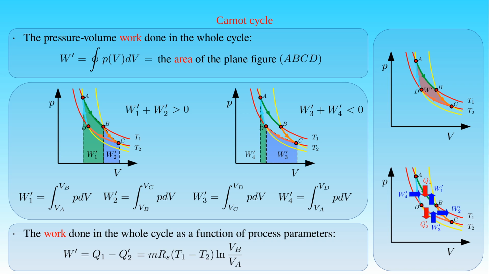Therefore the arrows W'2 and W'4 have the same length, but the first one points outside the closed curve and the second one points inside the closed curve. As a result, they cancel each other out. Only the work W'1 and the work W'3 contribute to the net work W', which is produced by the conversion of the net heat Q1 minus Q'2 exchanged between the system and the surroundings.